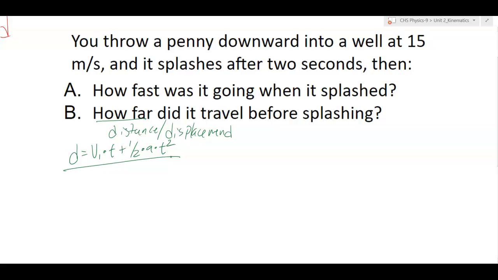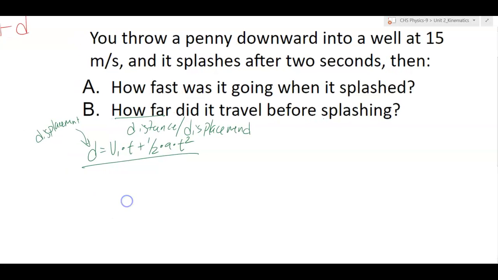That's going to be the one we're working with, where v1 is the starting velocity, t is time, half is half, negative 9.8 we'll use for free fall, but acceleration could go there. And then this is time as well, but in this case you'd have to square your time. And then d stands for displacement, which is that. And remember, displacement is just distance.